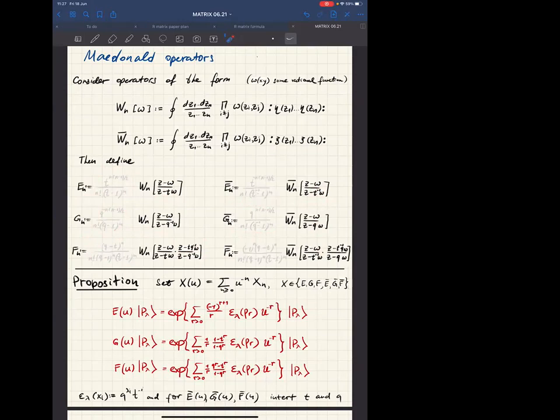So now I would like to take generating functions of these operators. I would like to sum each of these operators over n with some generating parameter. So I'm considering this kind of summation. And these operators turn out to be diagonal on Macdonald functions in the Heisenberg basis. So we apply these generators on Macdonald functions, and we get back Macdonald vectors.